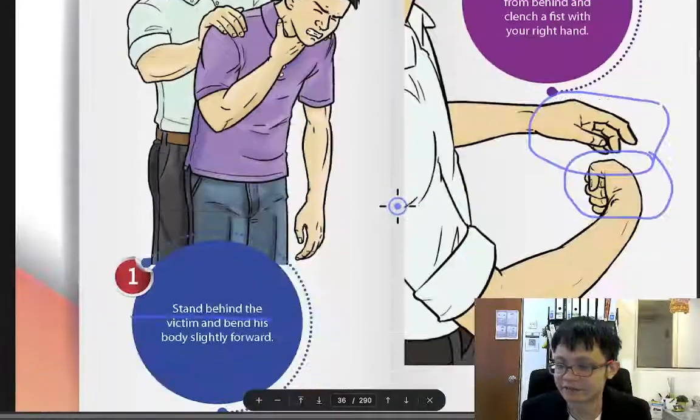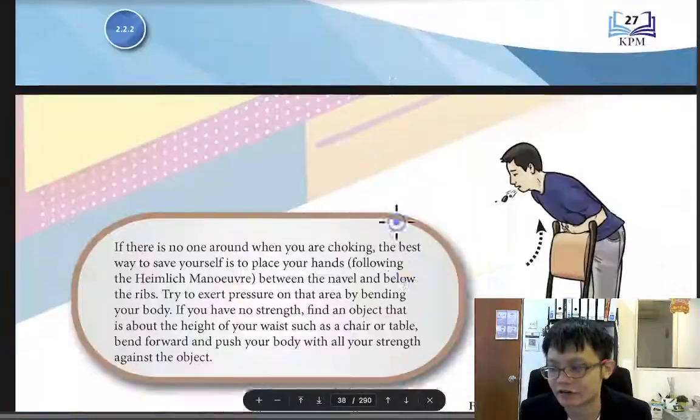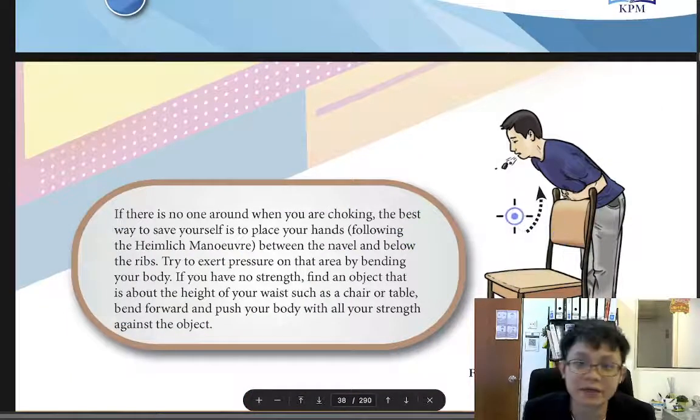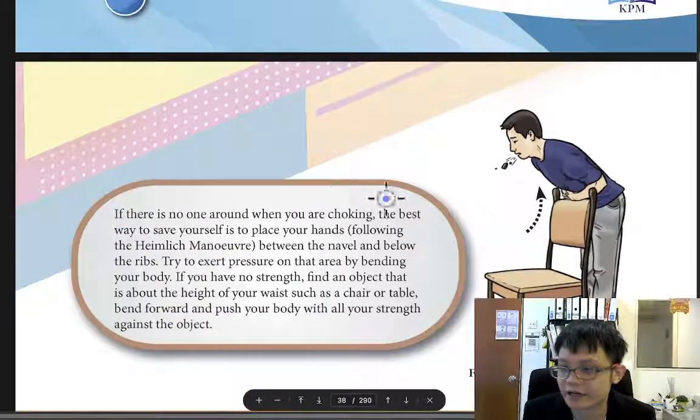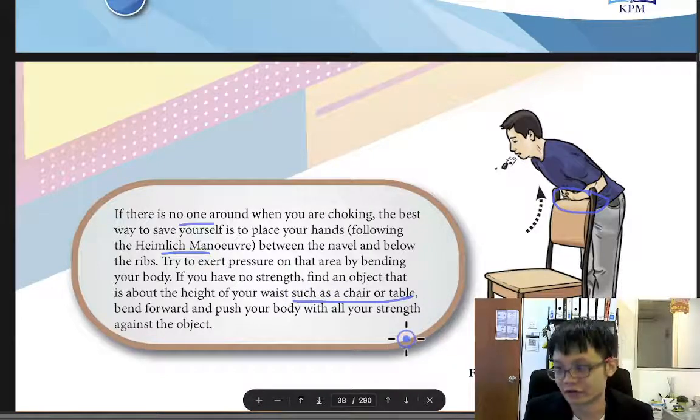And you need strength. But actually telling like this is of no use, you need to try on it and get used to it. If no one is around to help you, the best way to save yourself is to place your hand following the same method on a chair or a table, and push against the chair or the table, and hopefully the object will come out and the air will go in.